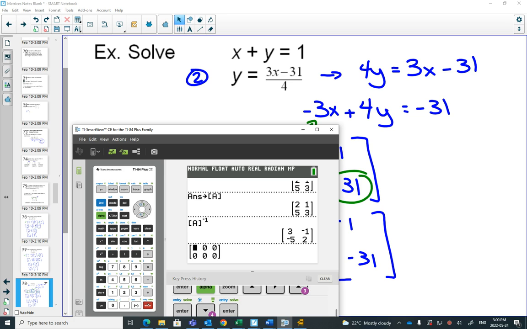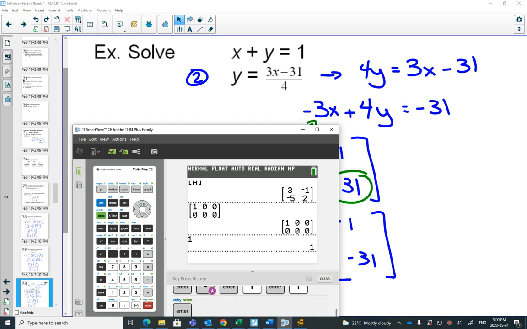And in this matrix with 2 rows and 3 columns, I'm going to write 1, 1, 1.